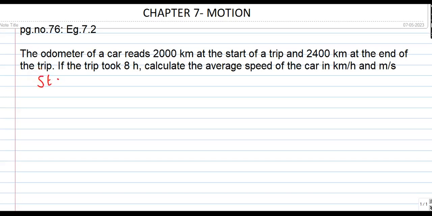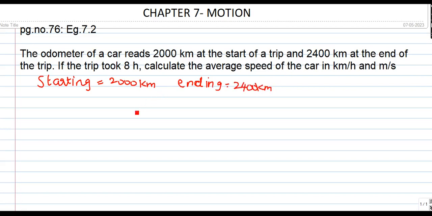So starting of the trip, we have 2000 kilometer, and at the end, so ending, it reads 2400 kilometers.